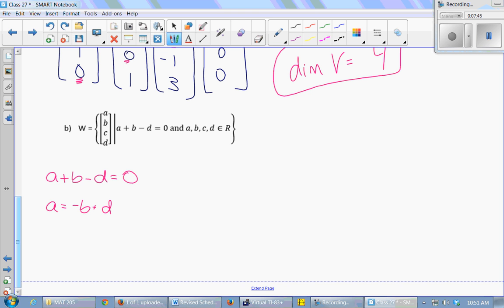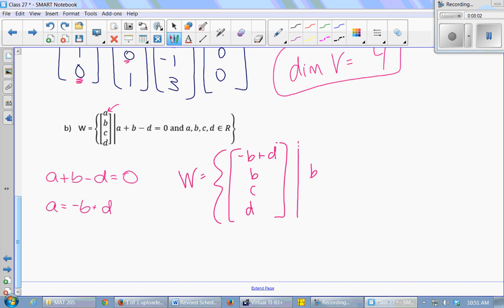Okay, so instead of an A here, I could instead write W as the set of all vectors that look like negative B plus D, B, C, D. Does that make sense?